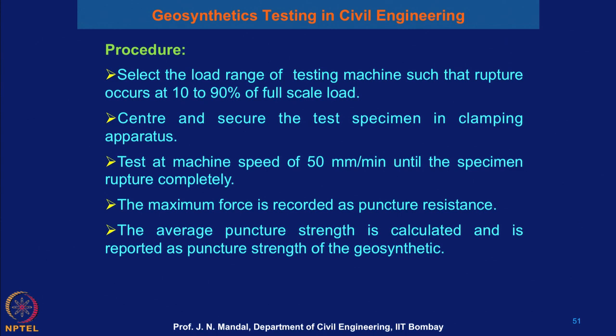Test at the machine speed of 50 millimeter per minute until the specimen rupture completely. The maximum force is recorded as puncture resistance. The average puncture strength is calculated and is reported as puncture strength of the geosynthetic material. You are to perform 5-6 samples and then take the average to determine the puncture strength of the geosynthetic material.